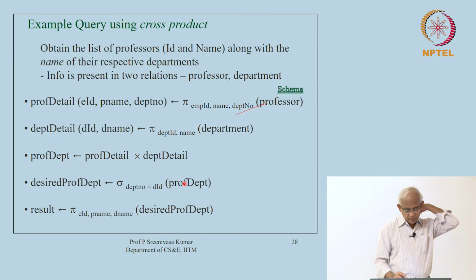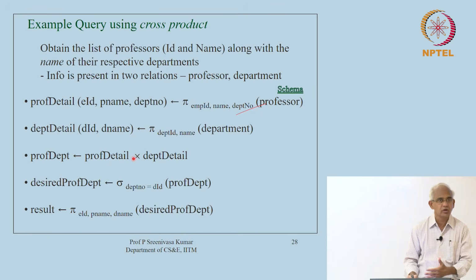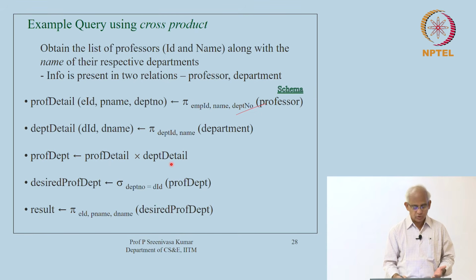The other point that we notice here is that the cross product in general produces a huge number of tuples, a lot of combinations of tuples from one operand and the other operand, and it is generally seen that not all the combinations are meaningful, so we most often follow it up with a selection operator.